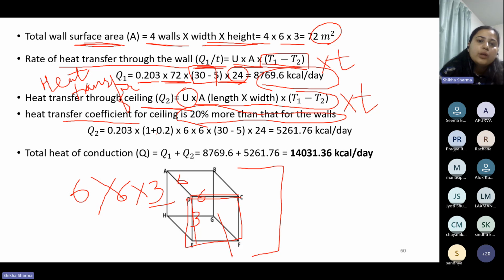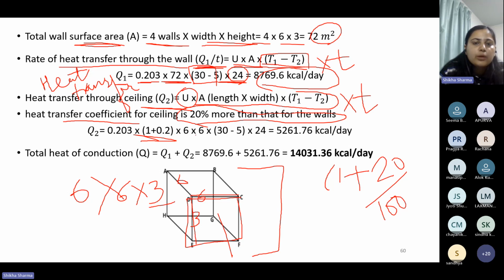So we have to increase by 20%. So 1 plus 20 divided by 100, 1 plus 0.2 will be 1.2.